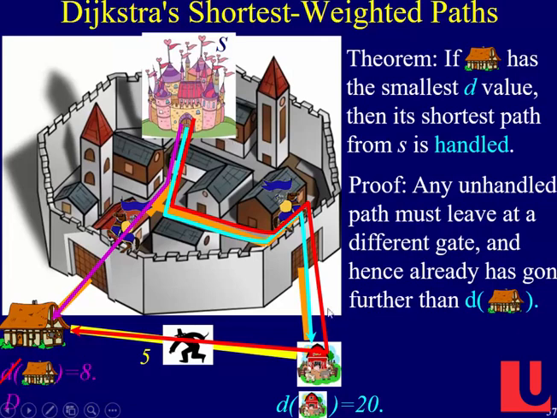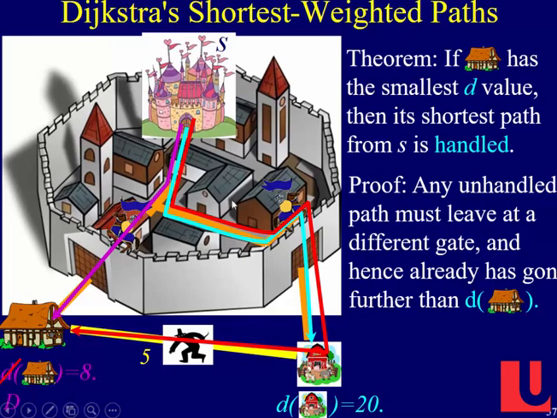So if there's a shorter path, then it first wanders around through here, and at some point it has to leave the wall, right? So here's a shorter path. The first place it leaves the wall, it gets to the barn, right?